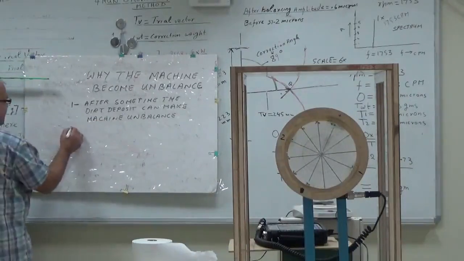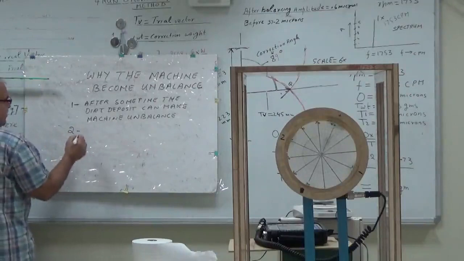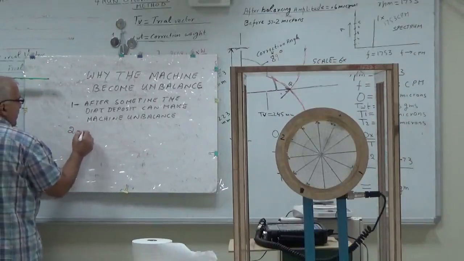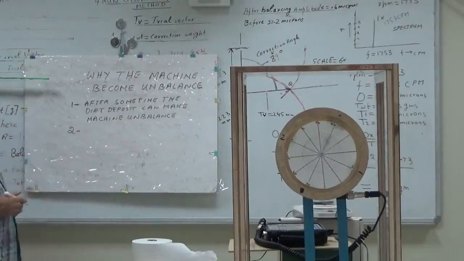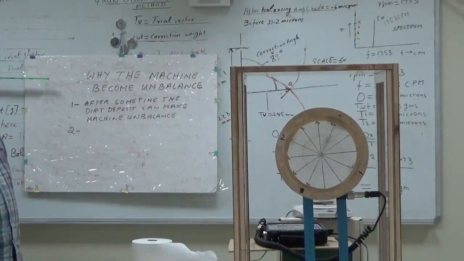Number two is that after you have repaired the machine, maybe you have fixed some nut or bolt of different size on the rotor.